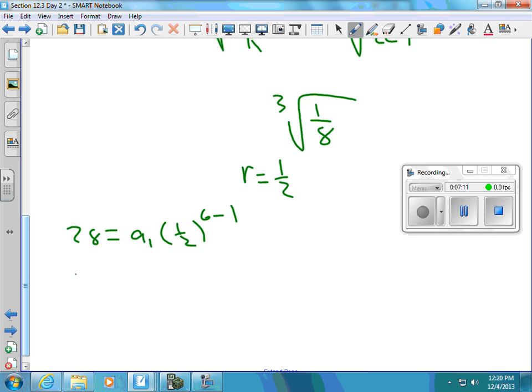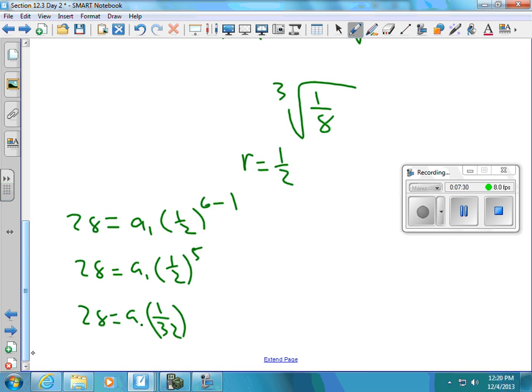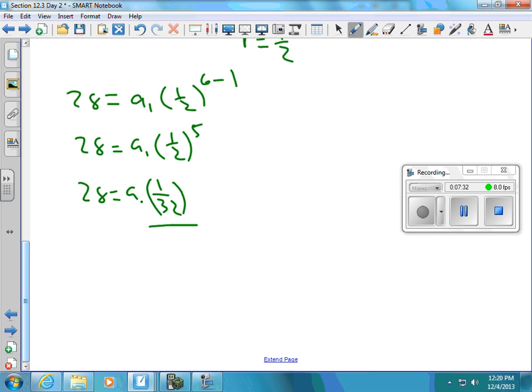So we get 28 equals a sub 1 times 1/2 to the 5th. Well, what is 1/2 to the 5th? If you put that in your calculator, that's 1 over 32. Now if I want to solve for a sub 1, I divide by 1 over 32, or multiply both sides by 32, same thing.